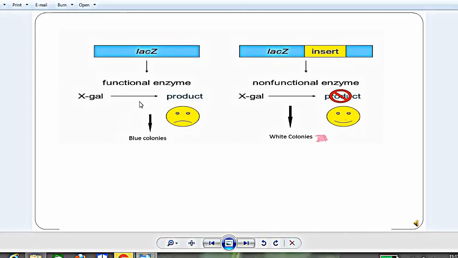Those colonies will give blue colonies because their lacZ region does not contain any foreign insert, so we get a functional beta galactosidase enzyme. While in those cases where the foreign gene has been inserted, the lacZ reading frame has been distorted, so no functional alpha subunit is produced. Here we get non-functional beta galactosidase, and X-gal will not be cleaved.